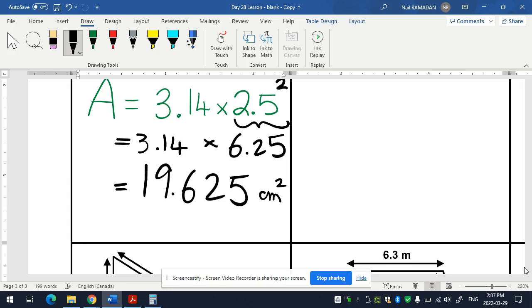What's my next shape? A triangle. Can someone look at the chart and tell us what's the area of any triangle? I'll give you a hint. That's the equation where you need to divide by 2. So what's the equation? What times what divided by 2?